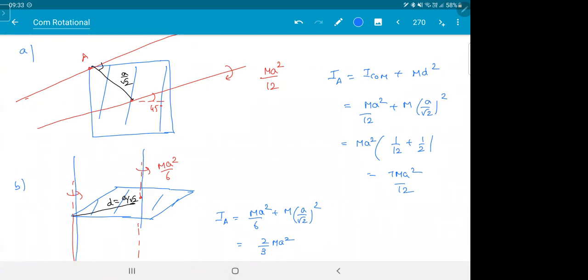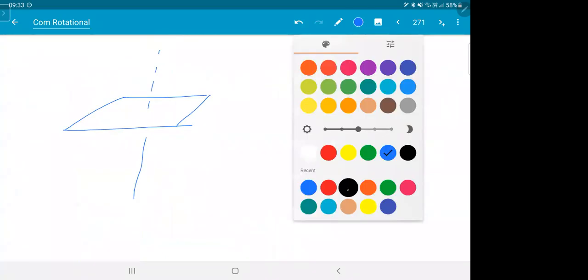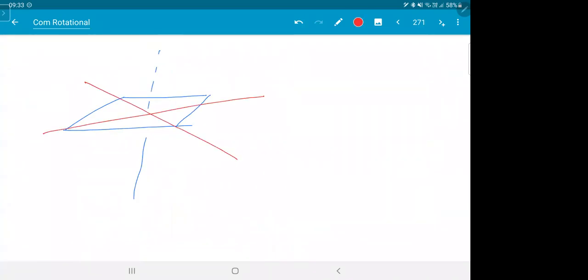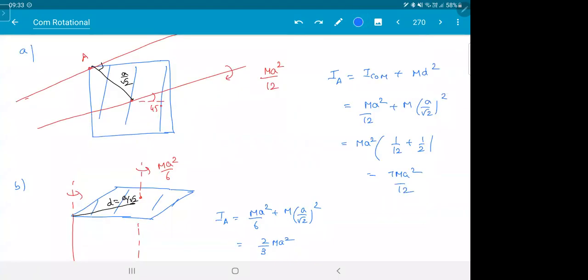And about a parallel axis, you know the result, na? So it is the parallel axis theorem. Why will you use perpendicular? When do you use perpendicular? When you know it about this axis, and you want it about this axis, then you use perpendicular, na? That is the difference. Clear. Next one.